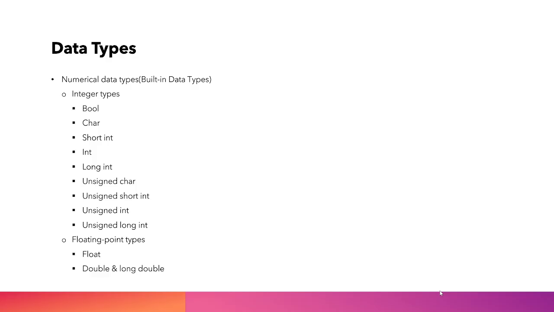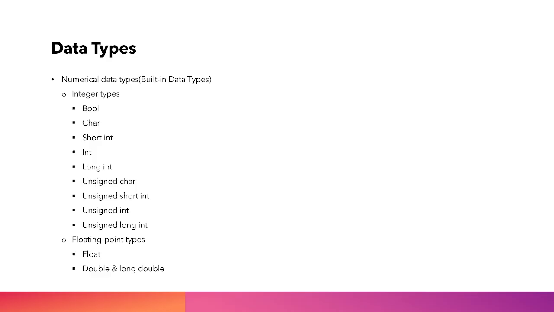On the integer types there are nine data types, which are boolean, char, short integer, long integer, unsigned char, unsigned short integer, unsigned integer, and unsigned long integer.